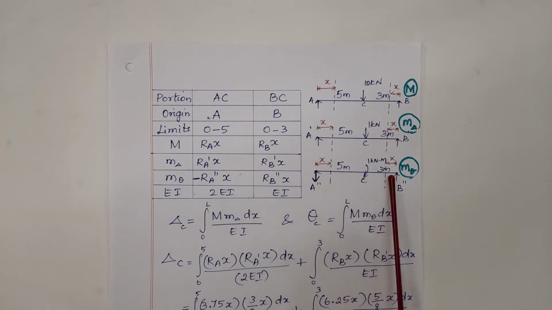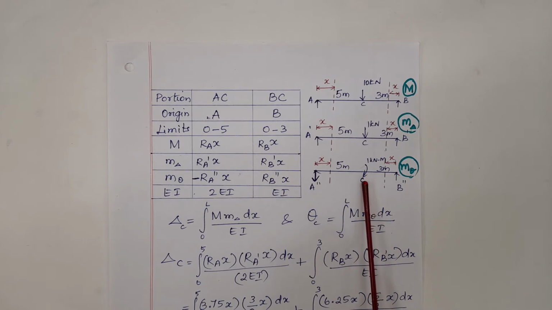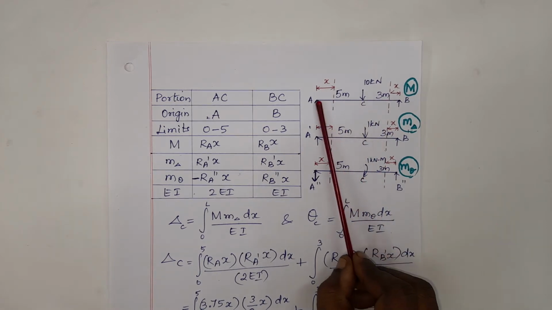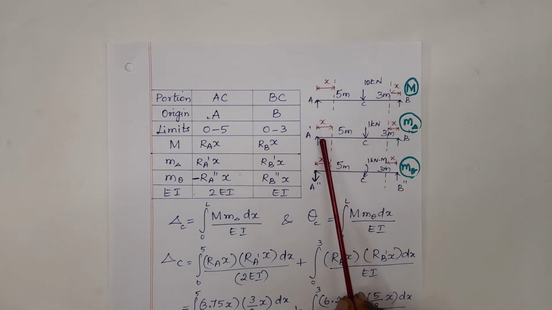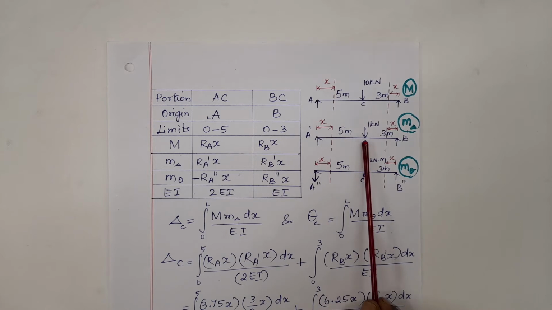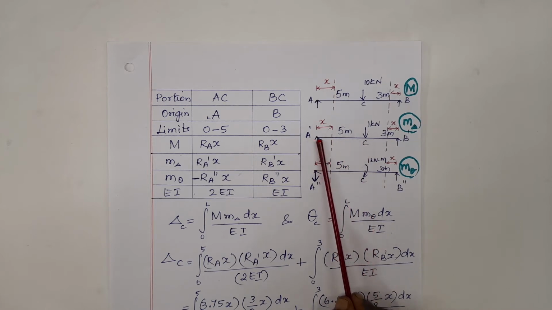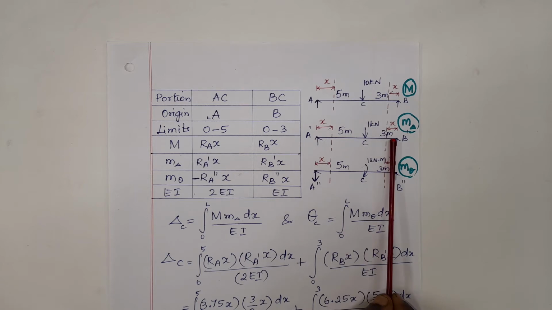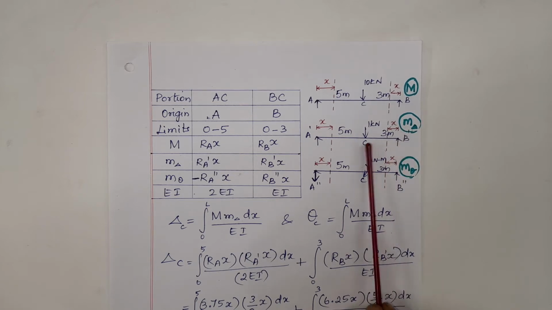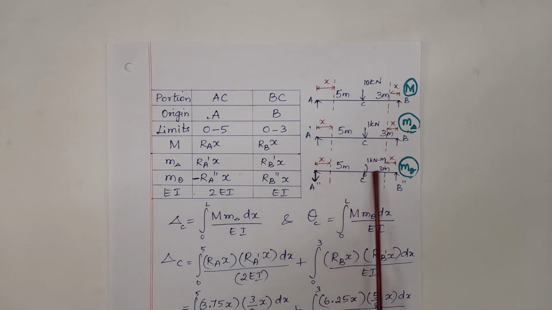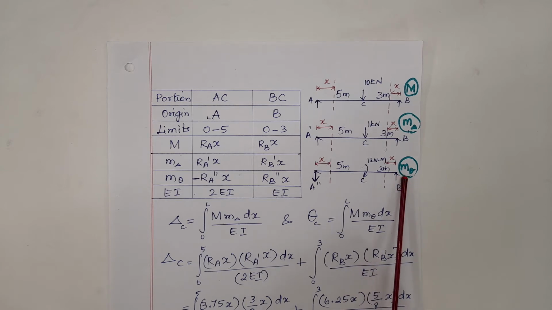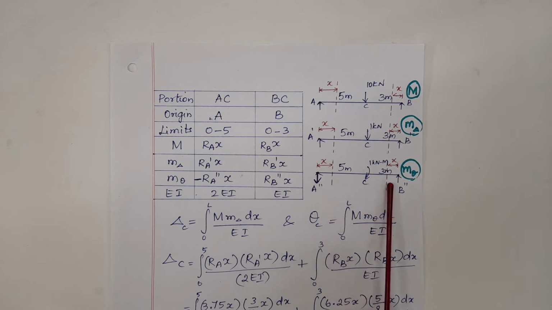In the same way, the beam is marked with a unit moment at C. Whatever I write for the beam with the given loading is taken as capital M. For the beam with a unit load at C, whatever expressions of m I write, I take for my calculation of delta at C, the displacement at C. For the beam with the unit moment at C, I take the moment expressions for calculation of theta. The reaction directions are drawn.